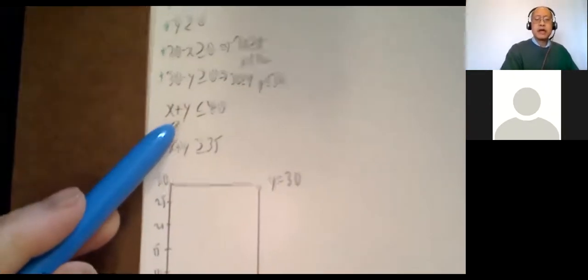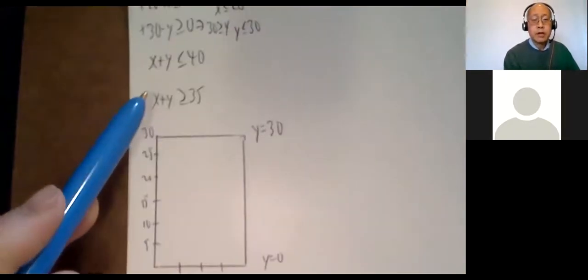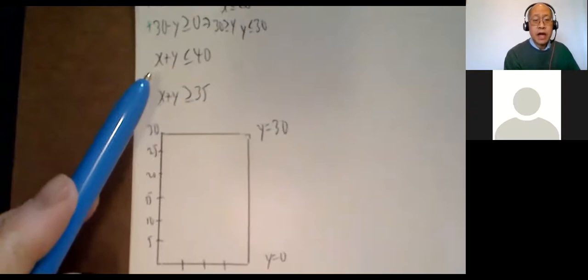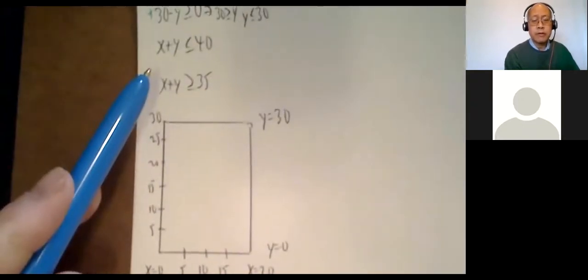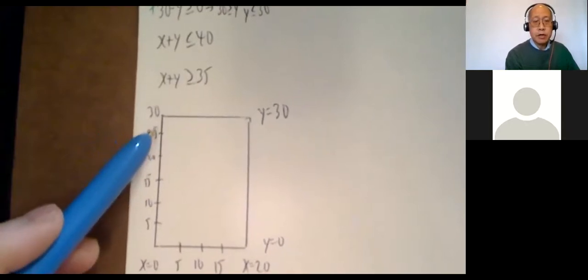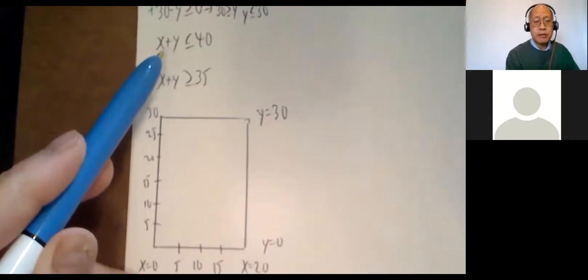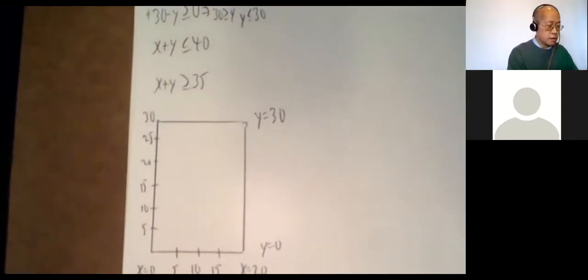Now, X plus Y is less than or equal to 40. Well, I would have 0, 40, but I don't go up that high. So let's see what I can do. Right here, Y is 30. If Y is 30, that means X is 10, right? So 10, 30.